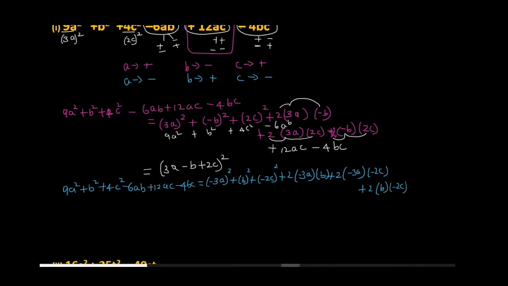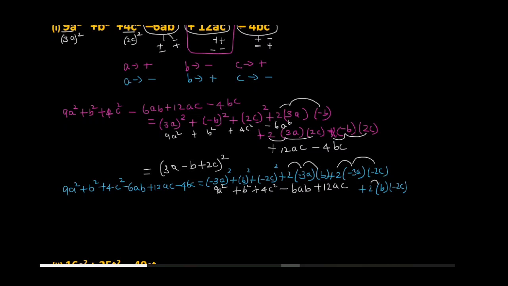Let's check the product. What is the product here? Minus 3A whole squared is plus 9, and B squared, plus 4C squared. Here 2 into minus 3 is minus 6, minus 6 into 1, minus 6AB. Then 2 into minus 3 is minus 6, minus 6 into minus 2, plus 12AC.